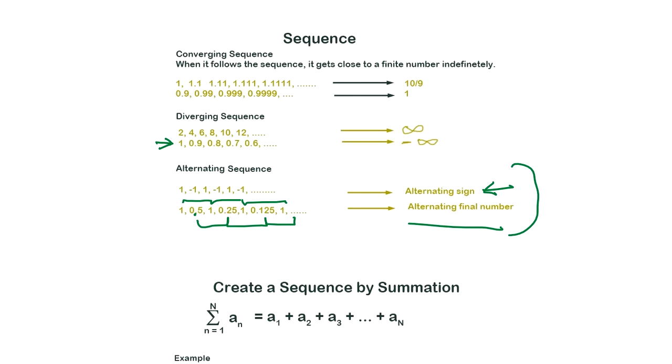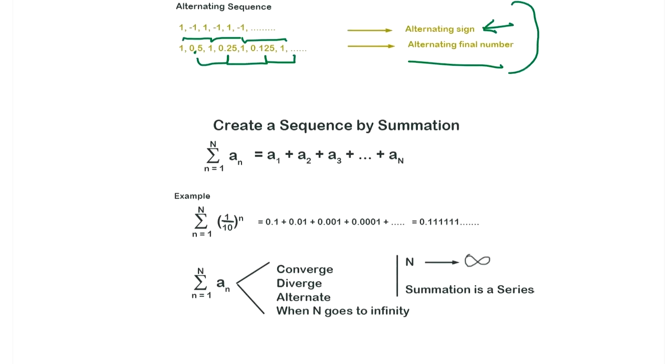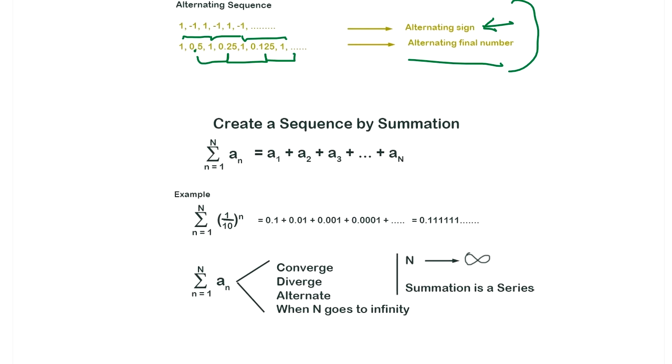Now create a sequence by summation. If you keep repeating 0.1111 all the way, this is the same as adding 0.1, 0.01, 0.001, and so on.